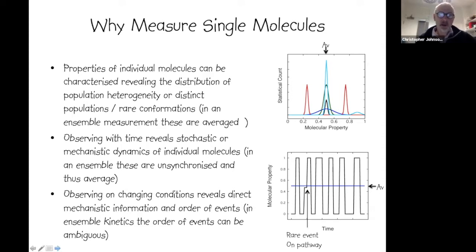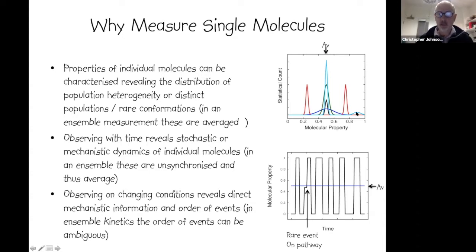And this slide, I hope, gives you some information about why you would want to measure single molecules. The whole point of observing single molecules is that what we can look at is a distribution of properties within a population. So we can see heterogeneity as shown here in the red distributions, or a non-Gaussian type distribution shown in the green, or we might be able to pick up rare conformations here as shown in the light blue.